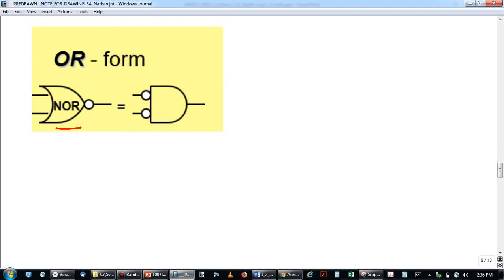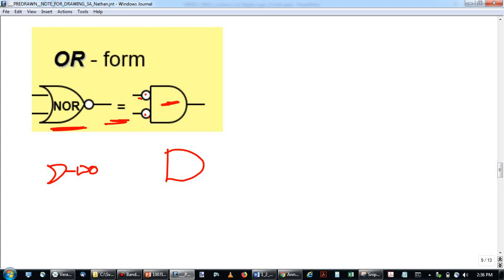I have here a NOR gate, and NOR is what gate? Or not, yeah? And I can turn it into an AND gate. And what do these circles mean here? They're negations. The AND gate is not negated, but the inputs are negated. You see that? So it happens before you get to the gate. And those two things are apparently equivalent.